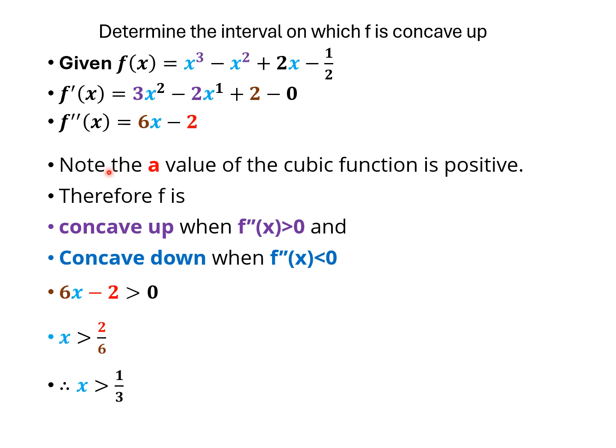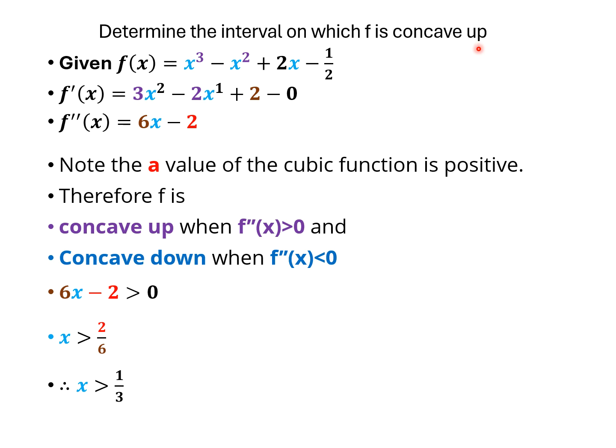Alright? Now, just a note, the a value of the cubic function is positive. Therefore, f is concave up when the second derivative is greater than 0. So there the a value is positive. So the second derivative must be greater than 0 to be concave up and less than 0 to be concave down.